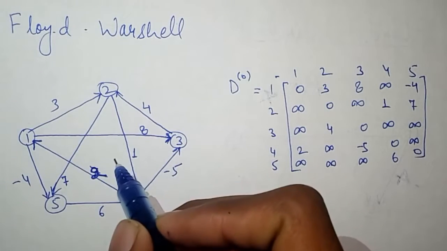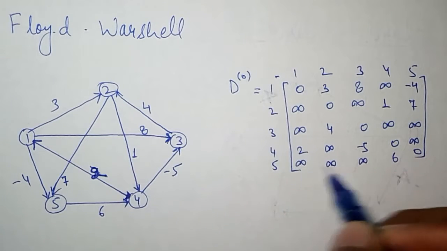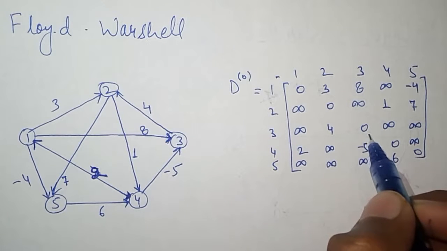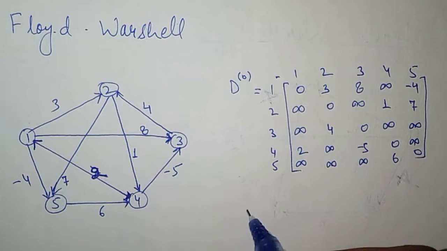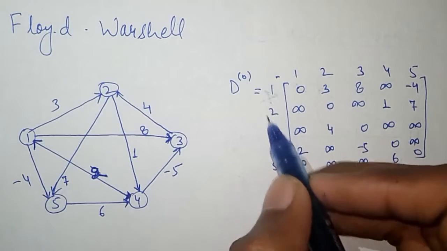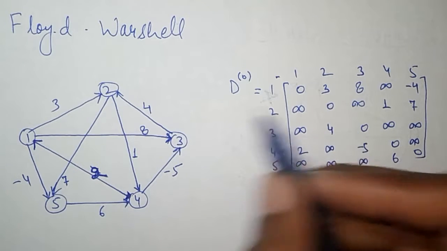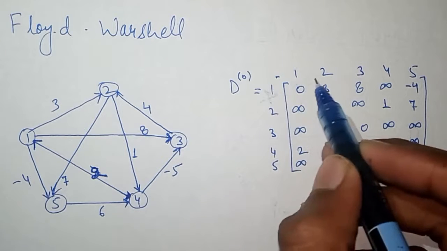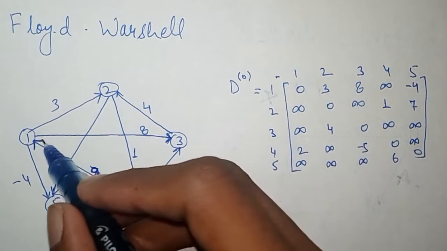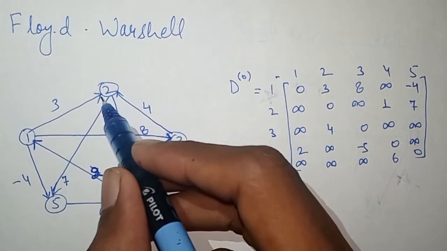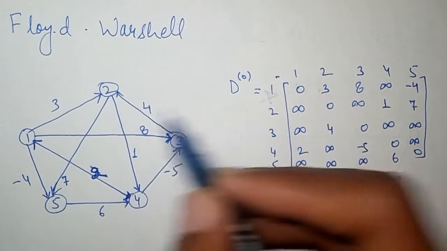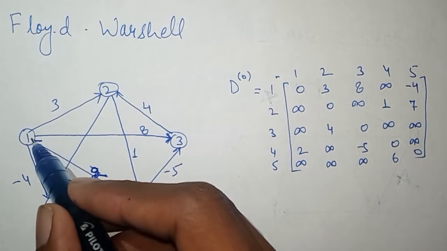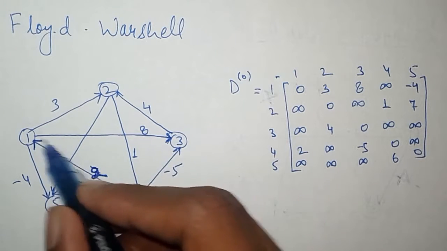For this graph, the matrix D0 can be drawn very easily, and the diagonal elements of the D0 matrix will be 0. The other elements of the D0 matrix can be found by using the graph. The element 1 to 2 is 3 because the graph contains a weight of 3 from node 1 to node 2, and 1 to 3 is 8 because the graph has a weight of 8 from 1 to 3.